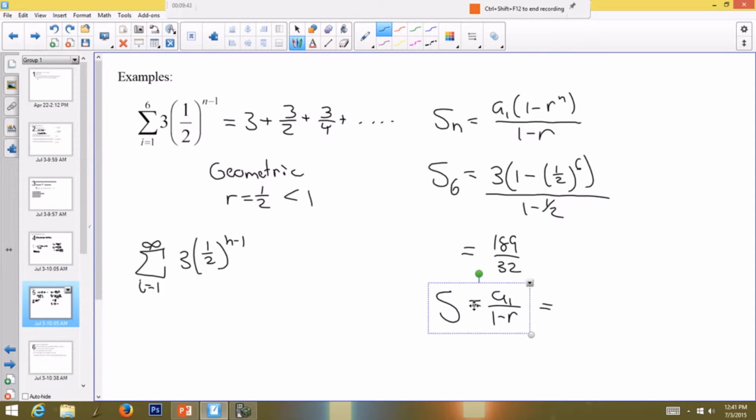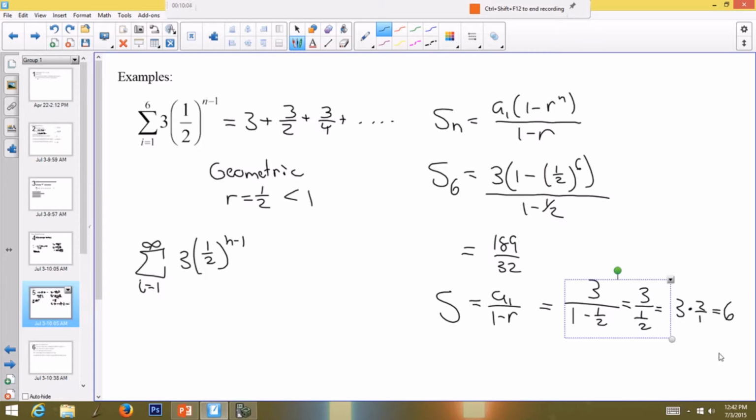Well, that's easy. I already know what my first term is. It's the same equation, so the first term still has to be 3. And then 1 minus r, my common ratio is still 1/2, so 1 minus 1/2 is 1/2. So it's 3 over a half, and when I divide by a fraction, 3 times 2 over 1, which is 6.